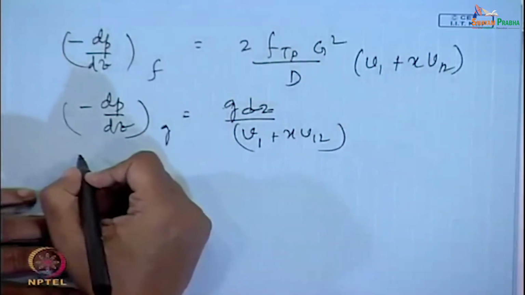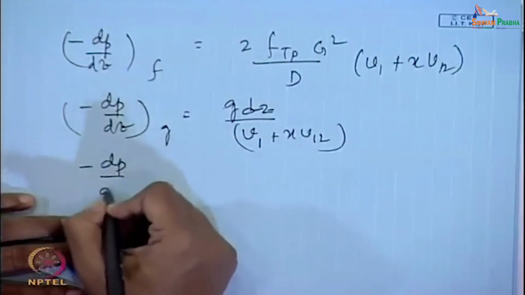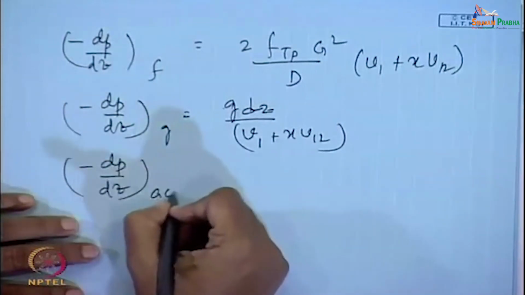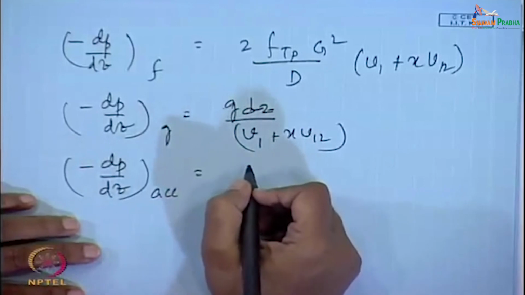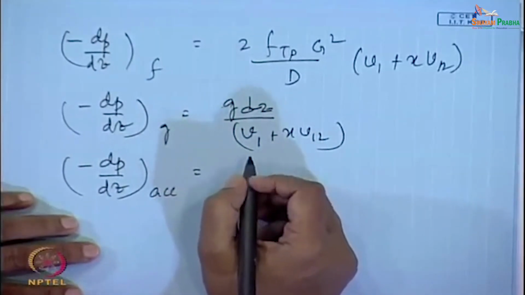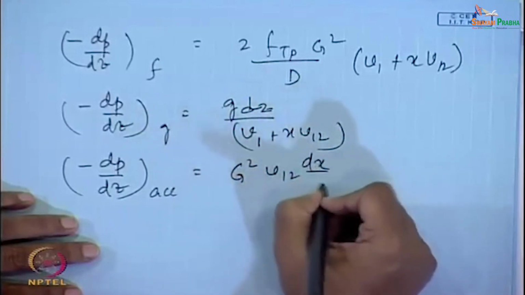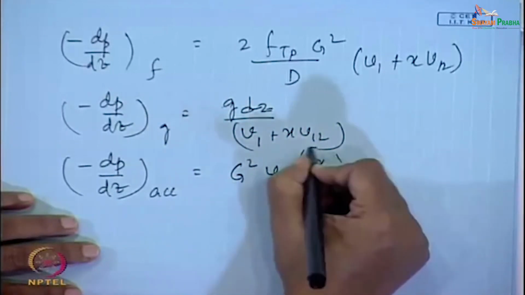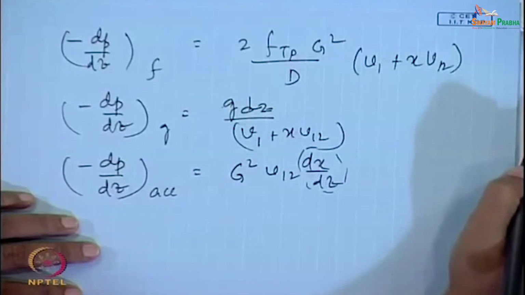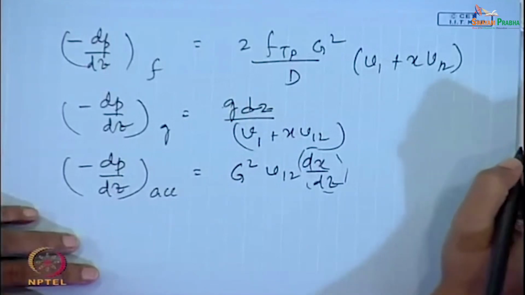And what about your acceleration pressure gradient? Your acceleration pressure gradient, you can obtain it as G square V12 dx dz, where you know that this particular dx dz is linear, which I have already mentioned.